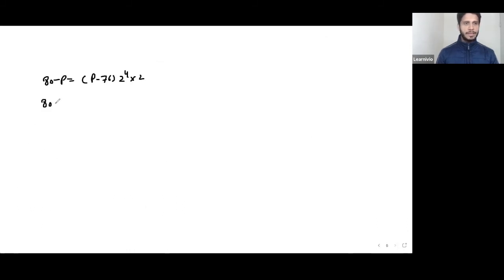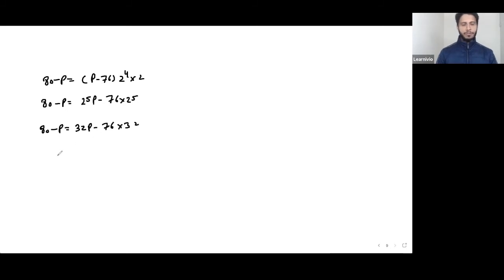So 80 minus P equals 2 to the power 5 (P minus 76). How much is 2 to the power 5? 4, 8, 16, 32. So 80 minus P is 32 (P minus 76).